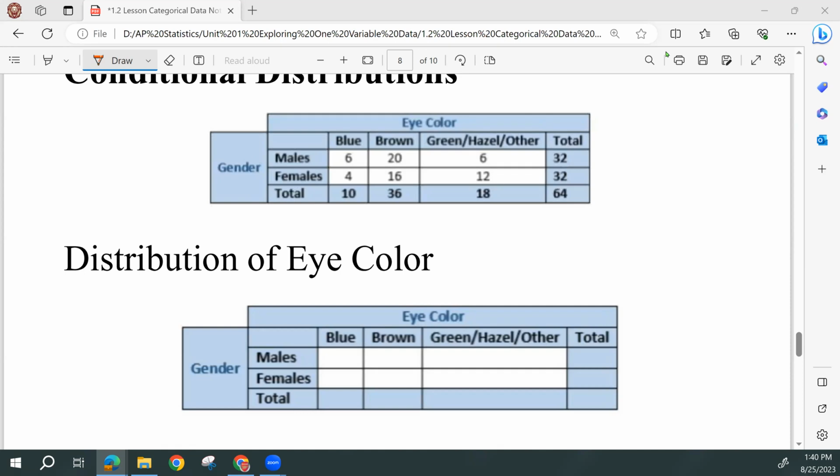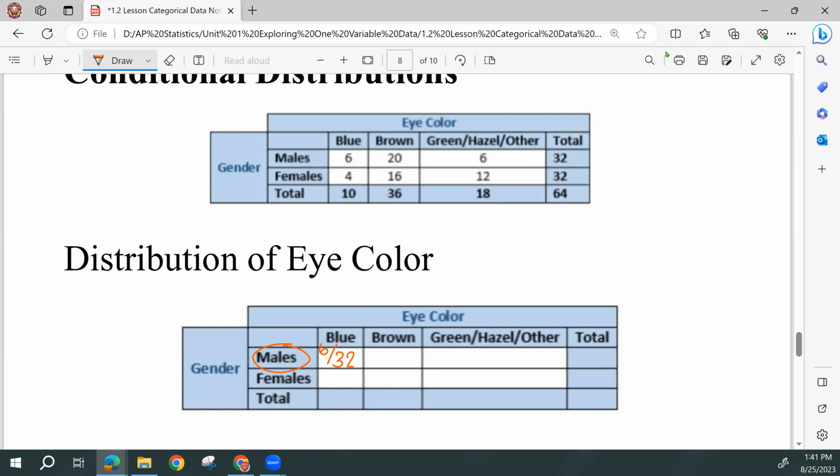Similar to what I started with when we were talking about marginal distribution, we can find conditional distributions. So we can find the distributions of eye colors based on the condition that we want to look at those based on your gender. So we can find the distribution of eye colors for males. And so then we would take the total number of blue and divide by the total number of males.